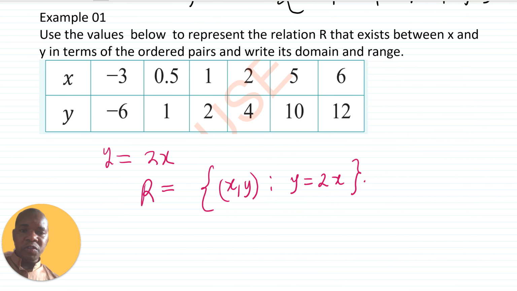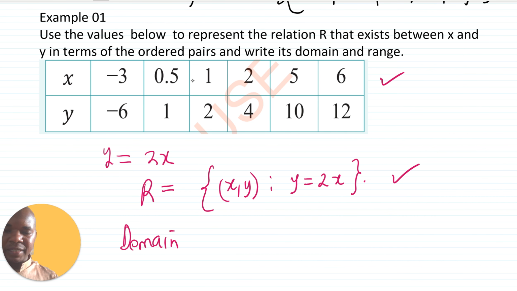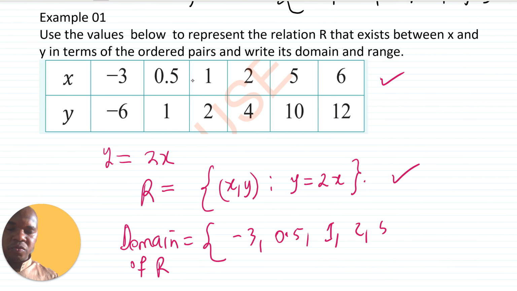Also, having represented the relation R that exists between x and y in terms of ordered pairs, we write its domain and range. From the given set above, we can clearly say that the domain of R is going to be -3, 0.5, 1, 2, 5, 6.